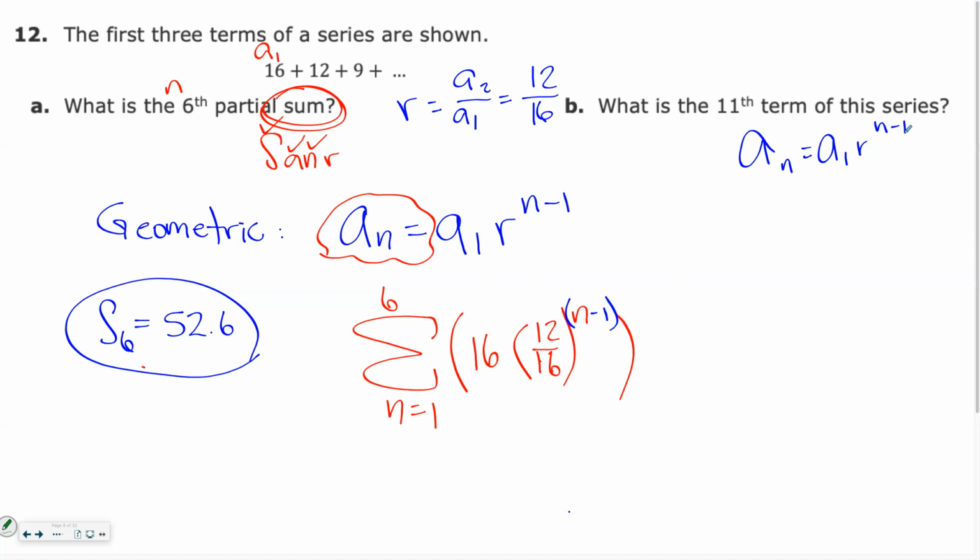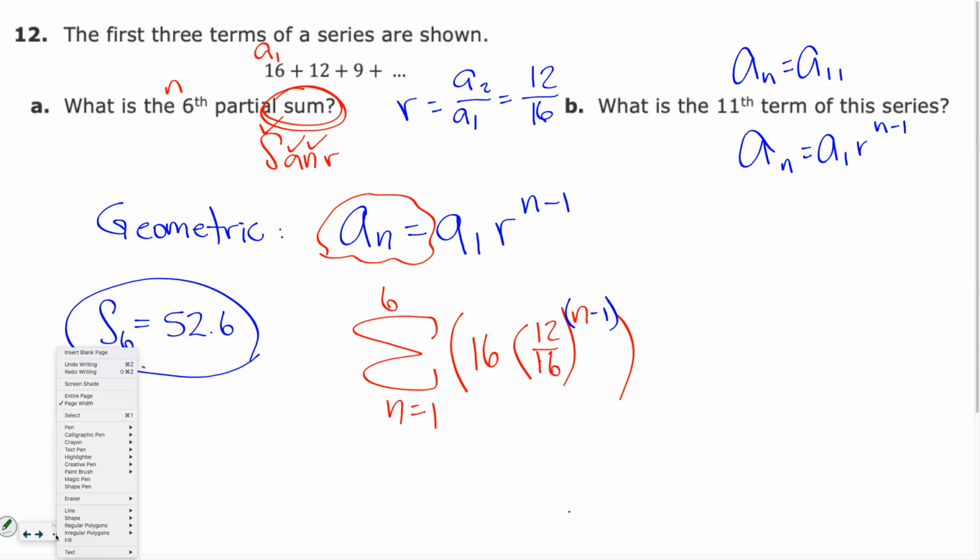I would do it as AN. AN usually means last term. We only have A1 through A3 right there. You probably could get the answer if you followed all the rules perfectly, but I think it'll be easier to say this is AN. We're going to say AN equals A11.